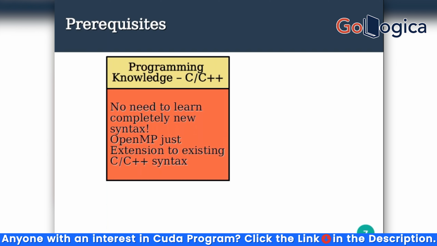Typically, if you ask people working in the high performance computing domain, they don't go for Python because of the wrappers. Internally, Python is working on a C or C++ program. If you compare the performance of CUDA programming in C and in Python, there is going to be a performance difference.